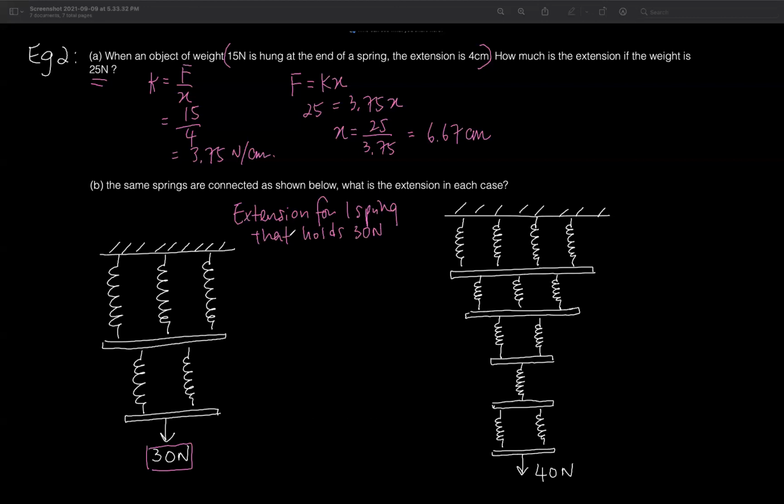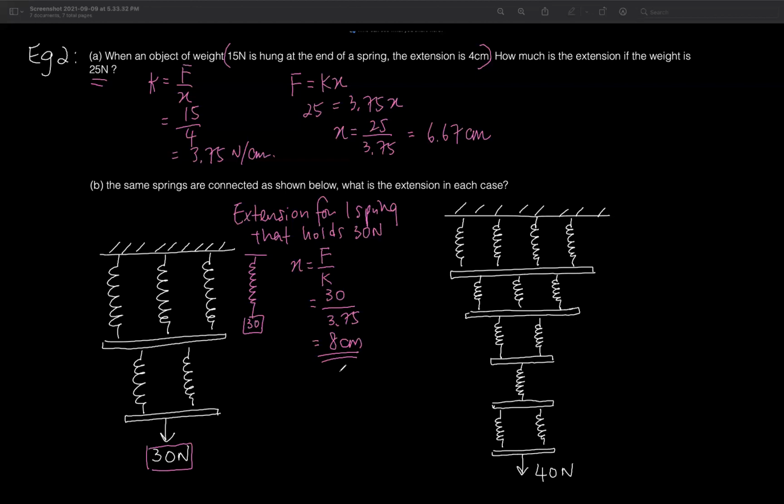So it's like this, we have a 30 Newton. Now F equals kx, so x equals F over k. 30 Newton divided by the spring constant, 3.75, equals about 8 cm.